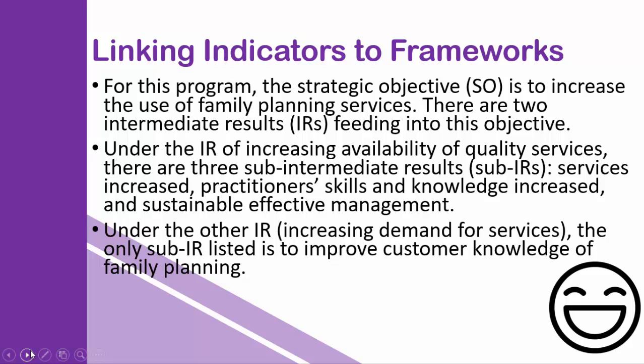So now the indicators should be well linked to frameworks. All right. I want to talk about briefly the M&E framework. You see, the M&E framework is well linked to indicators. I've given an example of family planning. You've got a family planning project. So the results are increased availability of quality service. Okay, that's one result.